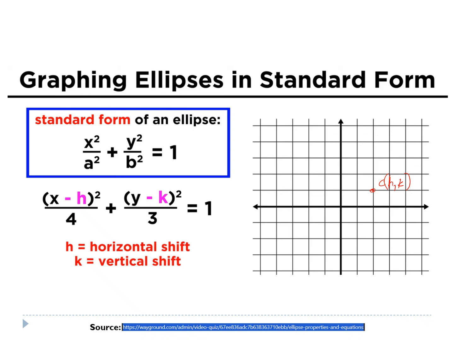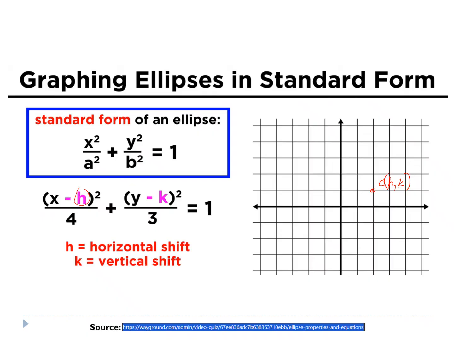So the h here is the horizontal shift. If the sign between x and h is minus, then it means it is shifted to the right horizontally. And for k, if the sign between y and k is negative, then it is shifted above. It means our k is positive.